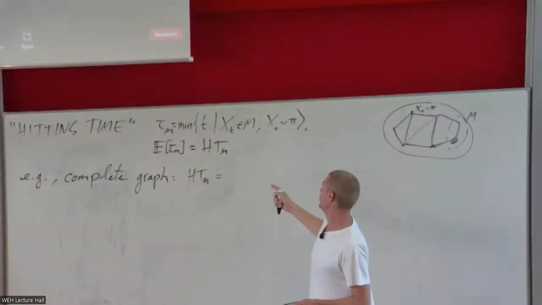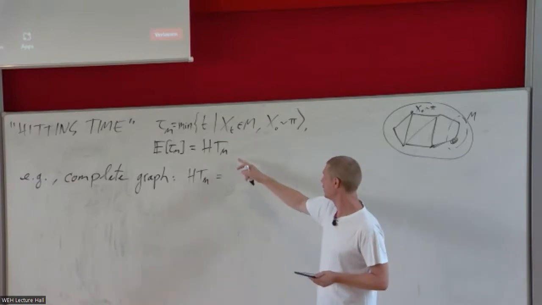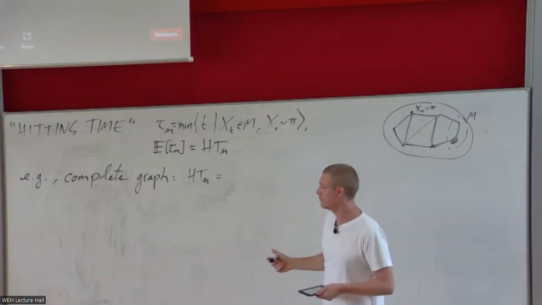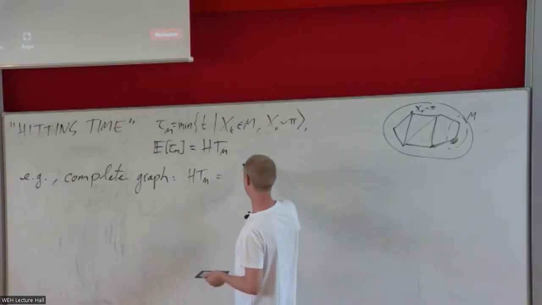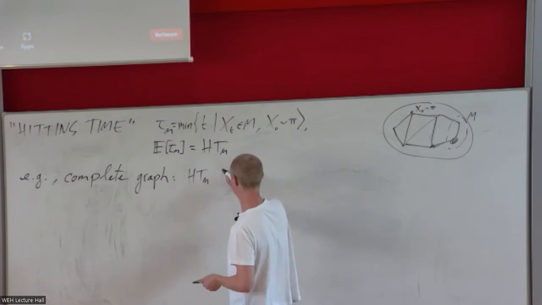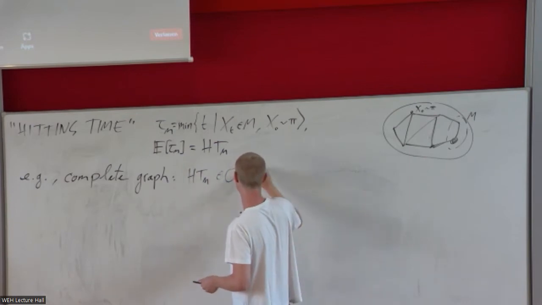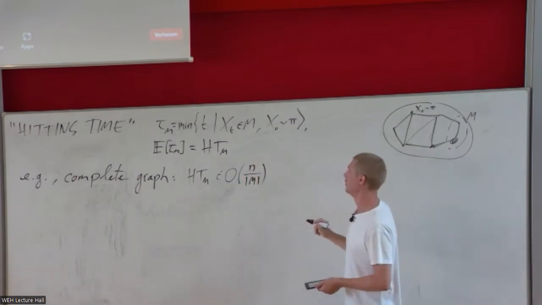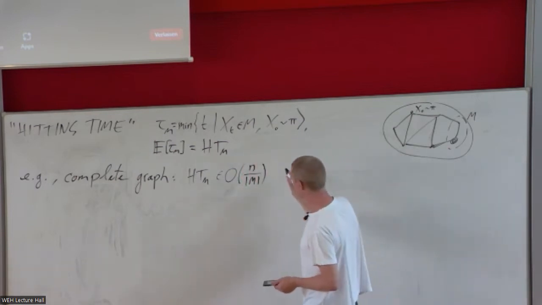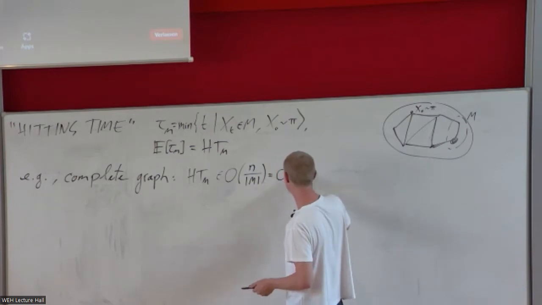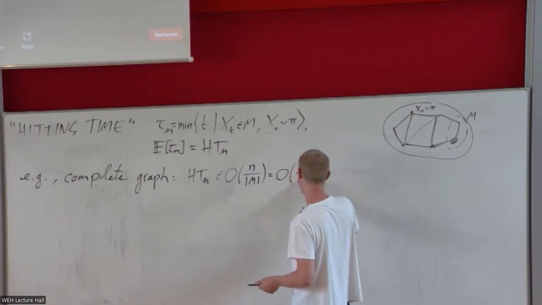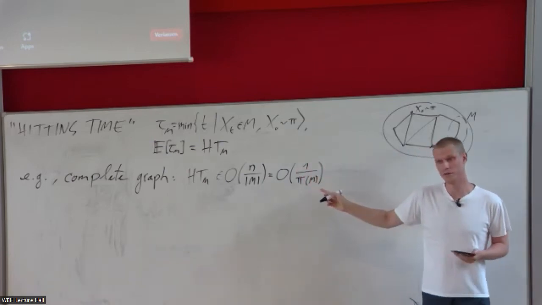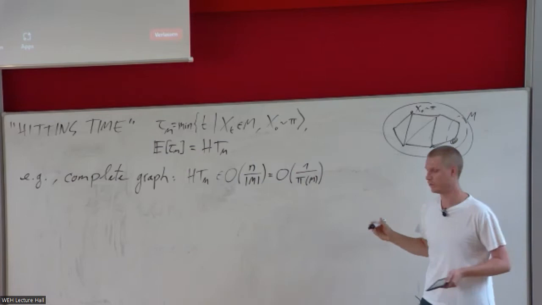And given that there's m marked elements and a state space of n vertices, you'll get that this is of the order n over m, right? And in fact, slightly more insightful is calling this exactly 1 over the probability that you'll hit a marked element if you sample from the stationary distribution, right?